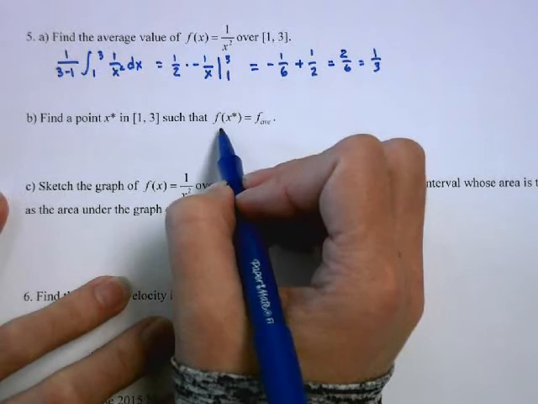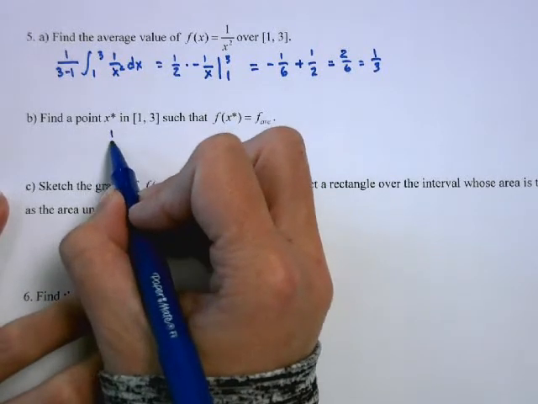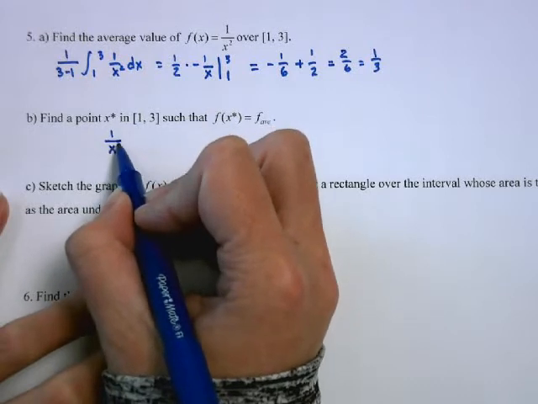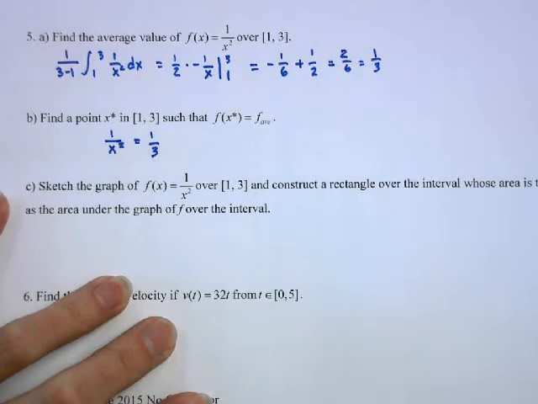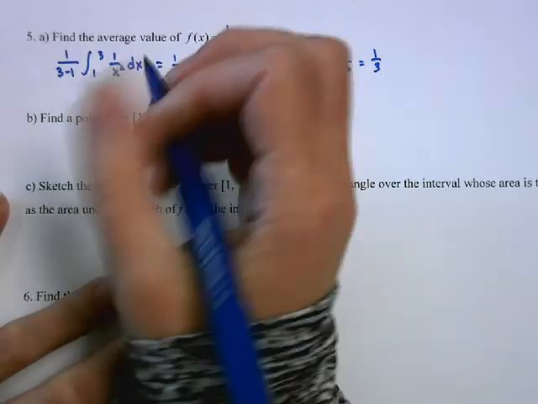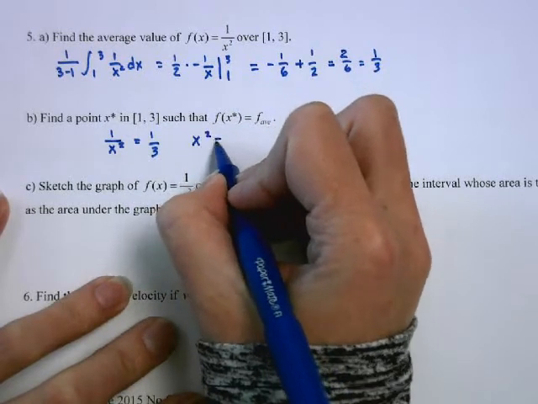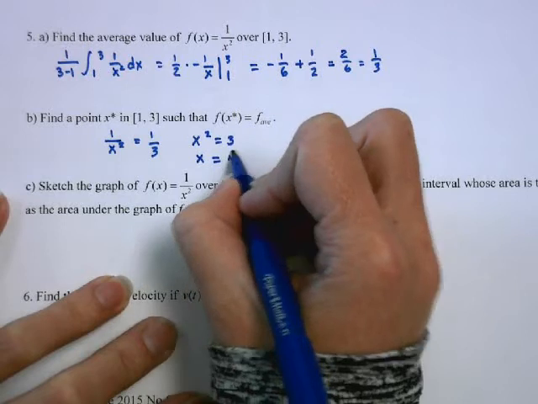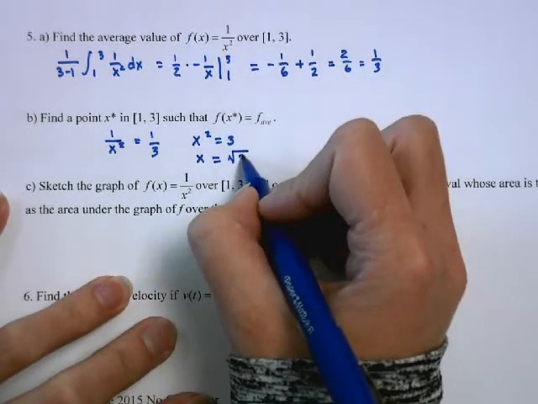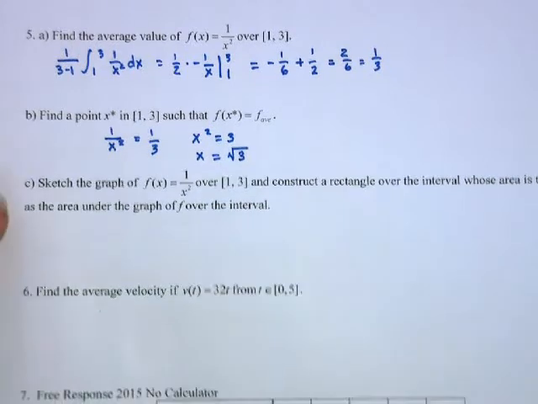So where does our function equal the average value? This is really our x star. We're looking for where x squared equals 3, which is going to be plus or minus √3, but on our interval here, we're just interested in the √3. And then we're going to sketch a graph.